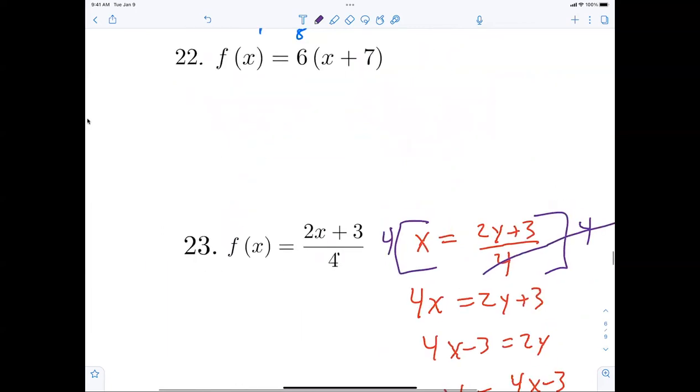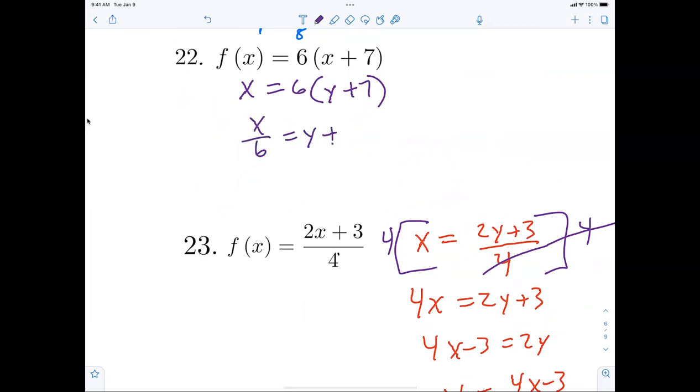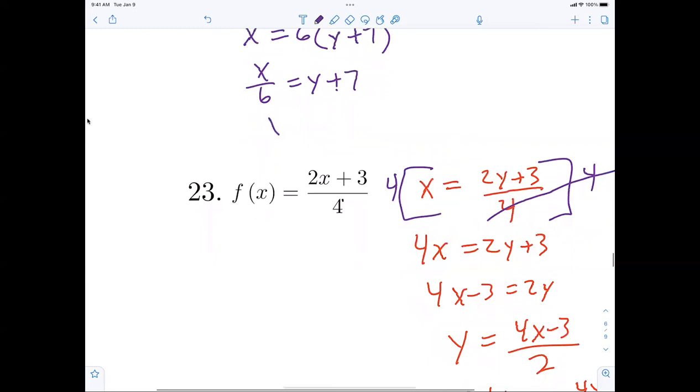All right, so look at 22. I'm going to rewrite 22 as x equals 6 parentheses y plus 7. Then we divide by 6. And so y equals x over 6 minus 7. And our inverse notation, f inverse of x, is equal to x over 6 minus 7.